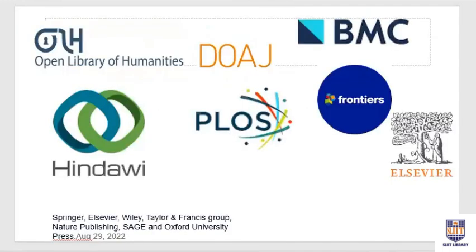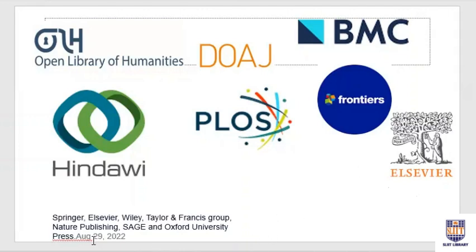And there are few open access venues that you can depend upon. Open Library of Humanities, Directory of Open Access Journals, then BMC, then Frontiers, and Hindawi is a newly popularizing place, and Public Library of Science, and Elsevier also are now coming into open publication.